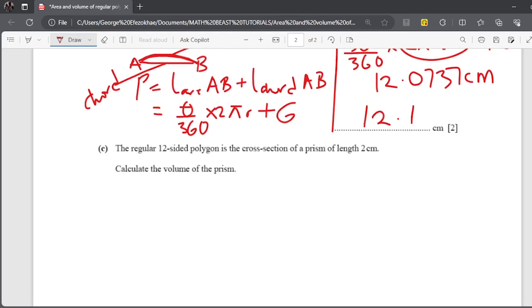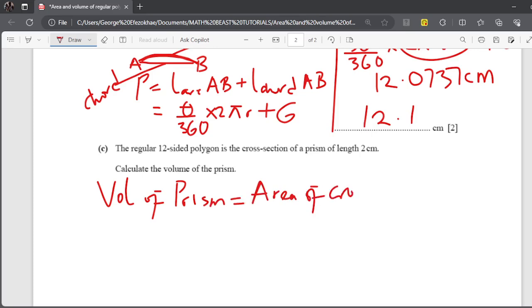Next, the regular 12-sided polygon is a cross-section of a prism of length 2 cm. Calculate the volume of the prism. By definition, the volume of a prism is always equal to area of cross section times the length.